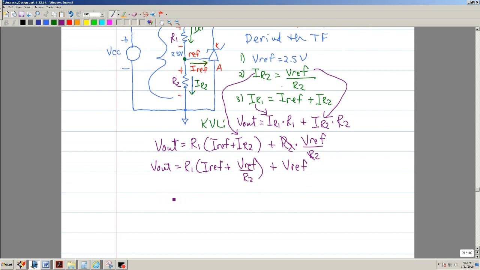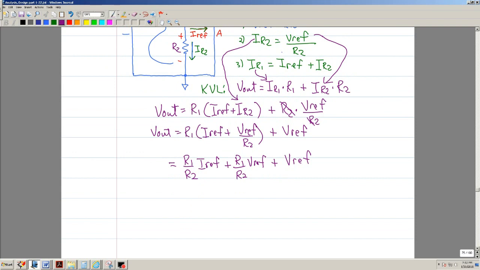Okay, so let's go ahead and distribute the R1, R2, and then this is going to be R1, R2, Vref plus Vref. Okay, does that look right? Okay. Actually, there's an error here. Is that right? Yes, this looks right.